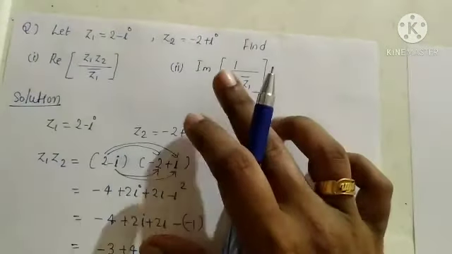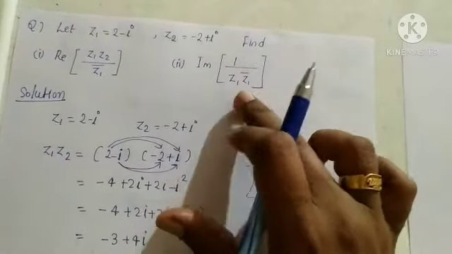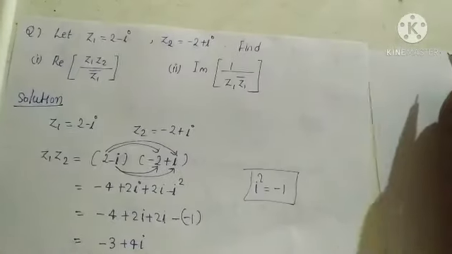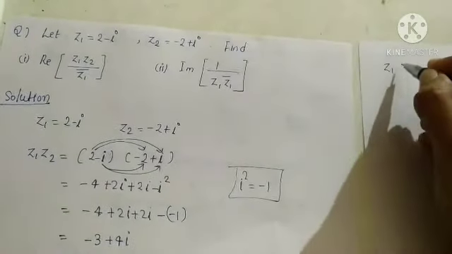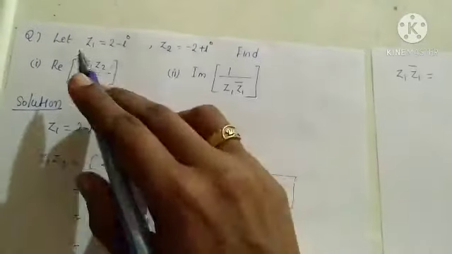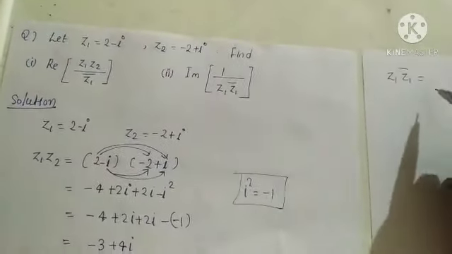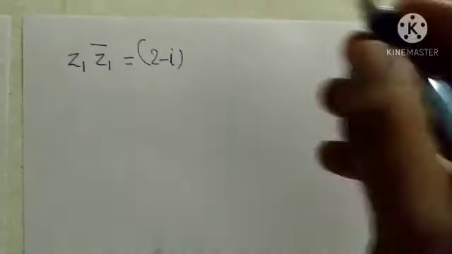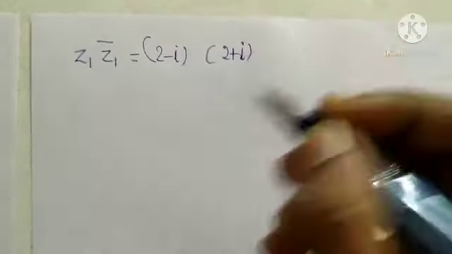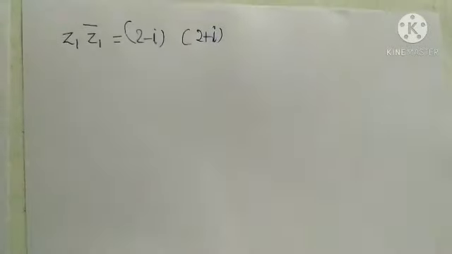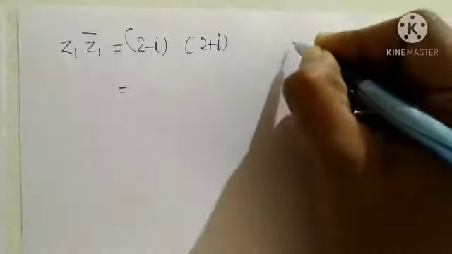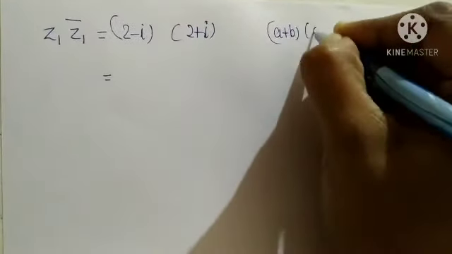Second part of the question, we need to find out imaginary part of 1 divided by z1 into z1 bar. So we need to find out first z1 into z1 bar. Our z1 is 2 minus i, into z1 bar is 2 plus i. Okay. So z1 into z1 bar is equal to, this is in the form of (a plus b) into (a minus b).